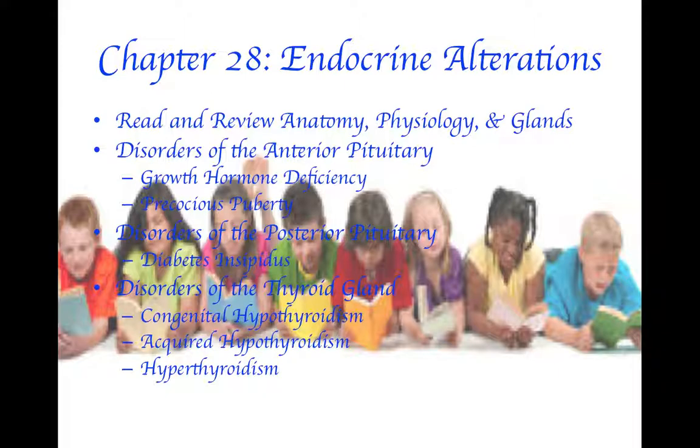Response to therapy is more pronounced in the younger child as compared to the adolescent, in the more obese child compared to the thinner individual, and in the more severely growth hormone deficient child compared to one with partial growth hormone deficiencies.